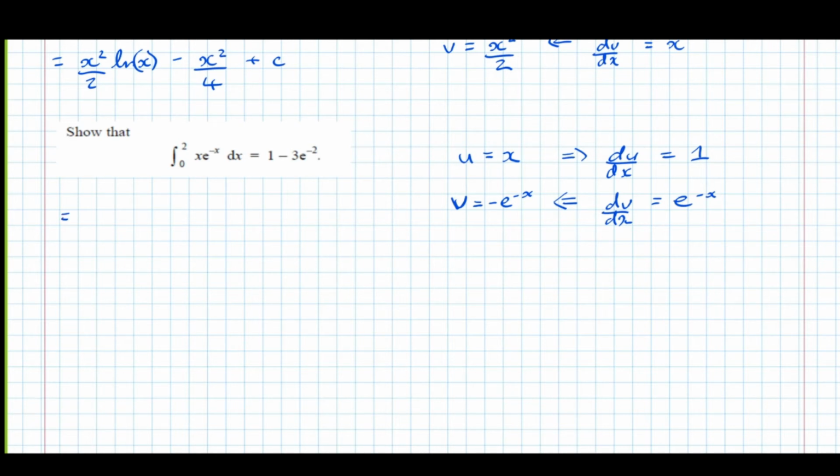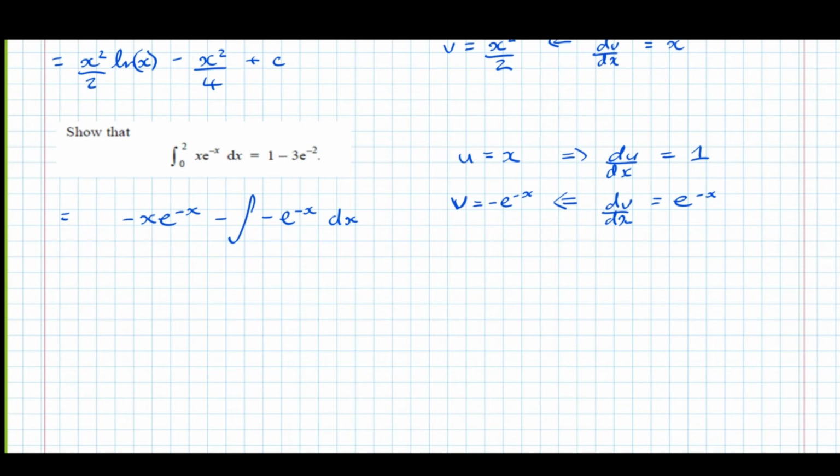So it equals uv, so minus x e to the minus x, minus the integral of v du by dx, which is 1 dx.